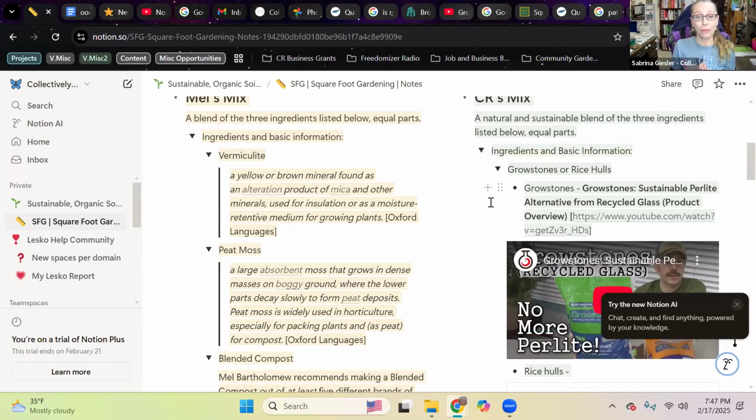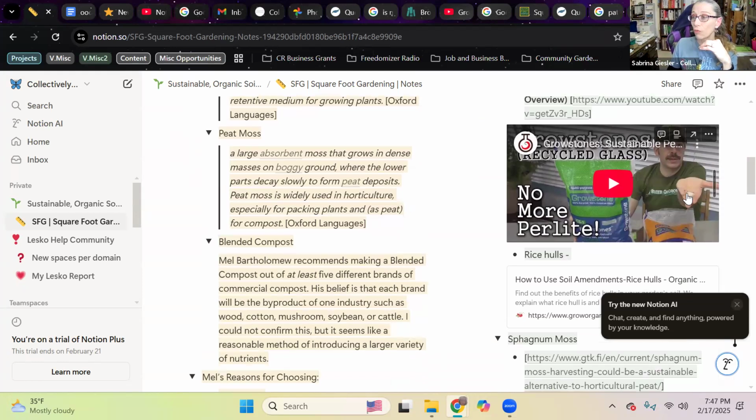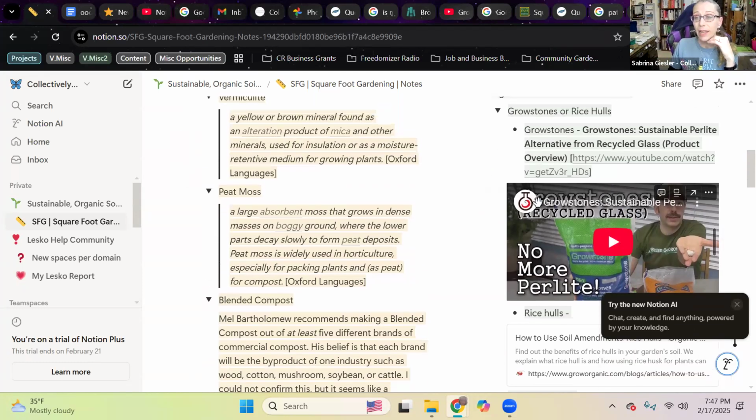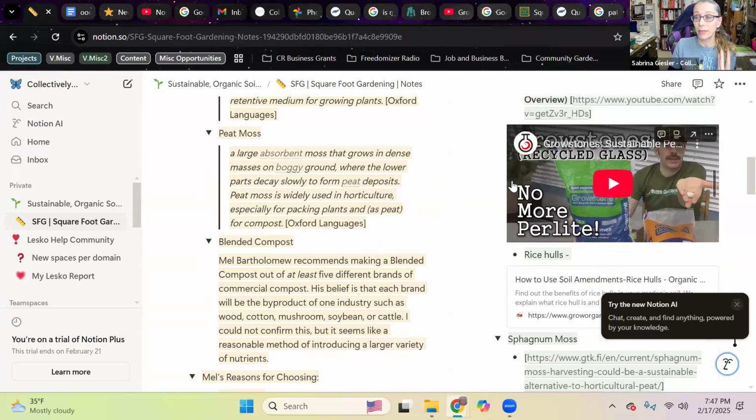Grow stones are recycled glass that are formed into a little rock-like object. I've got the video talking about it here. Interesting idea. As they do very slowly break down, they release silica. And this is all discussed deeply here for you so that you understand, again, what it is that you're putting with your plants.